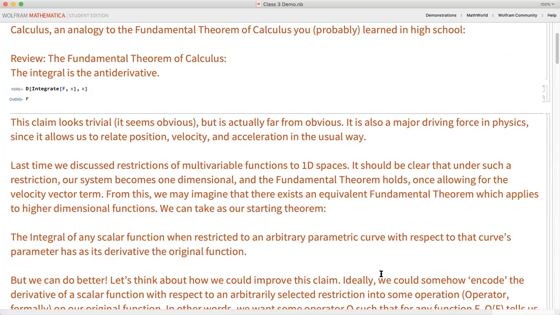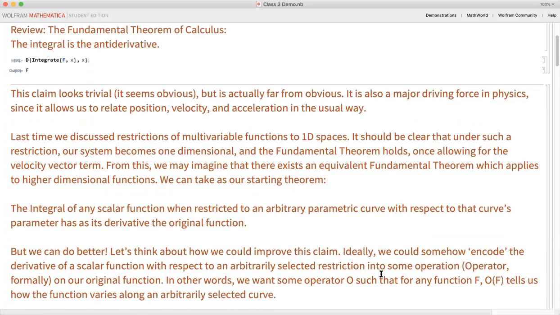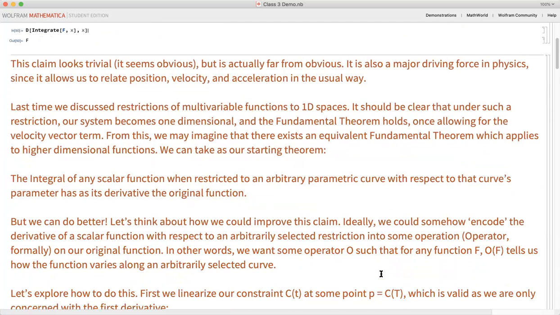We don't need to do anything multivariable. Everything's nice and friendly. So we can start with this claim and build outwards: the integral of any scalar function when restricted to an arbitrary parametric curve, with respect to that curve's parameter, has as its derivative the original function. And I should say, the original function restricted to the parametric curve.